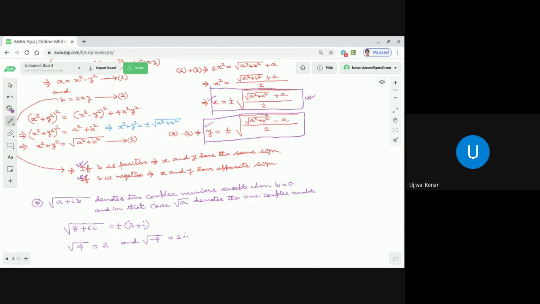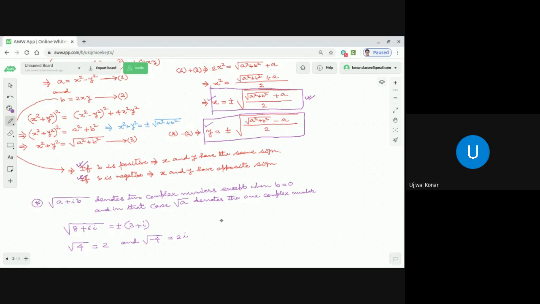Now the point is that if we take square root of 4 as -2 as well, then what will happen? We can write 4 is equal to -2 whole square. Correct? Now in that case, we can write square root of -4 is equal to, let's write it down, square root of -4.